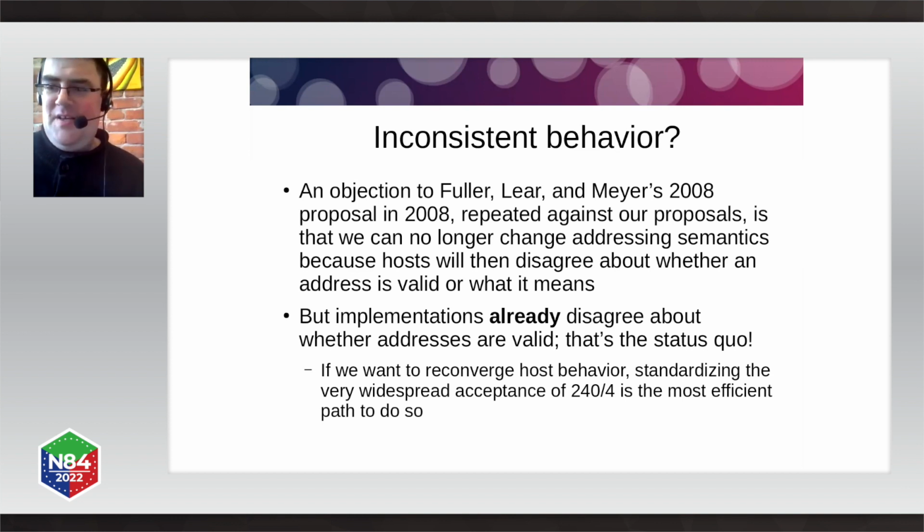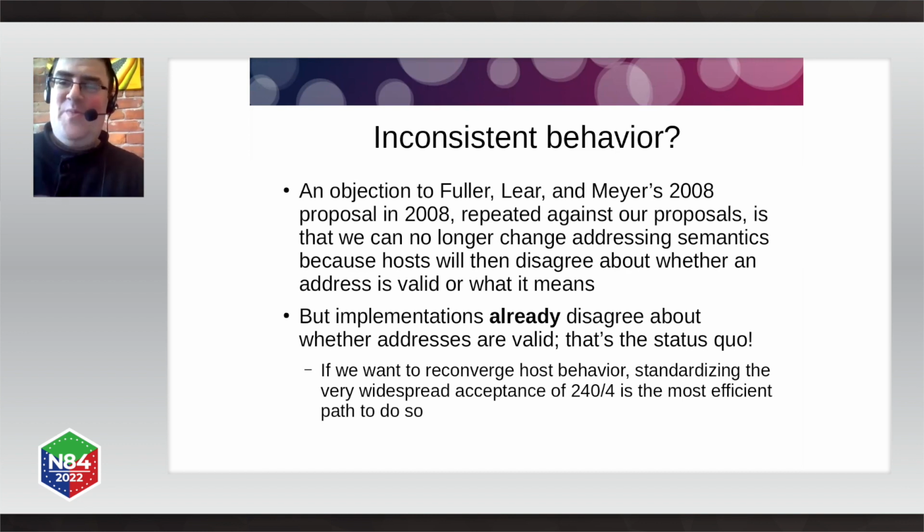But the broader concern that people raise, understandably, is that it's concerning if there are systems on the internet that interpret an address differently, and the most common way that they would interpret it is as legal or illegal, right? Whether you're allowed to use this address or not. People were concerned about that in 2008. They were concerned about that at IETF when we talked about our current proposals. But I would just note that implementations already disagree about whether these addresses are valid or not.